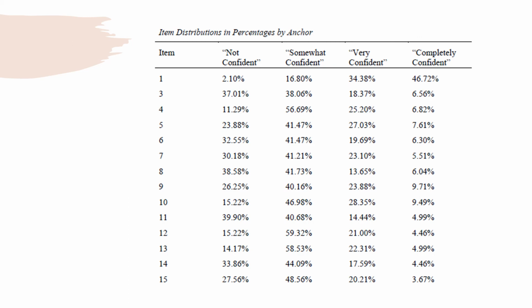So if you're looking at this, I may have had some issues potentially with maybe some floor effects on some of the items, maybe ceiling effects, but I did have respondents in each, so it was actually, I thought, not really that bad of an item distribution for each of the items that I had here.